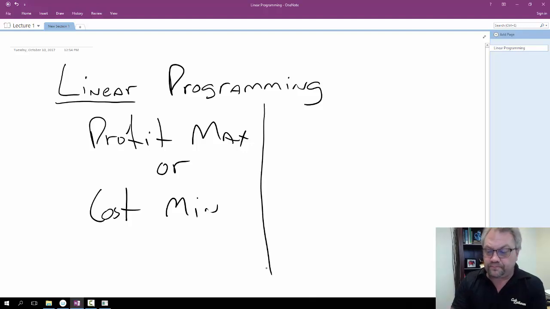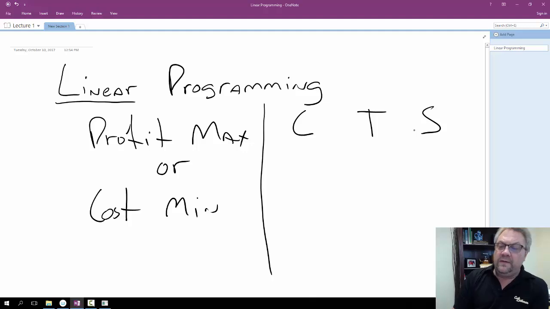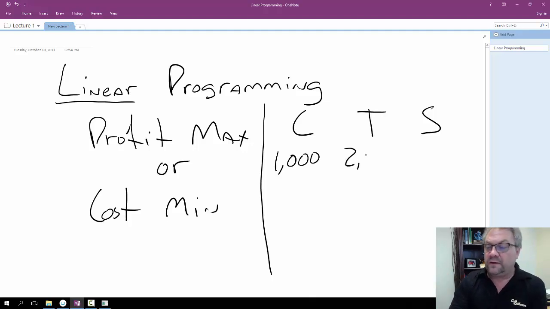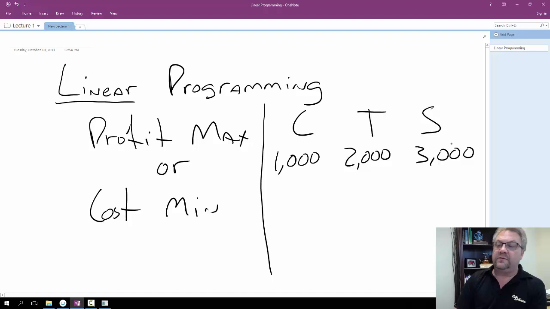So, let's say you're, say, Ford Motor Company, right? And you produce some cars, some trucks, and SUVs. And the idea here is, let's say, on your cars, you make, say, $1,000 in profit per car, and then trucks, $2,000, and then your SUVs, you might make $3,000 per car.